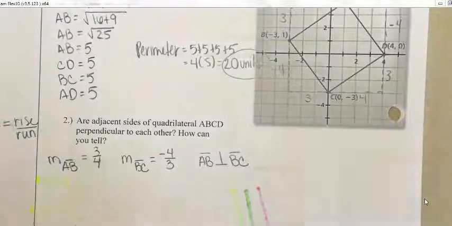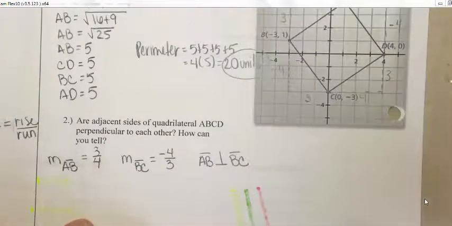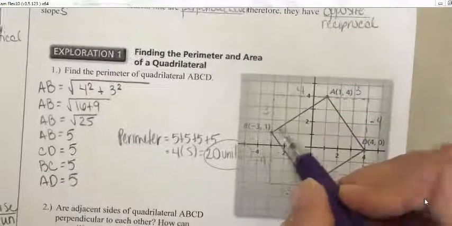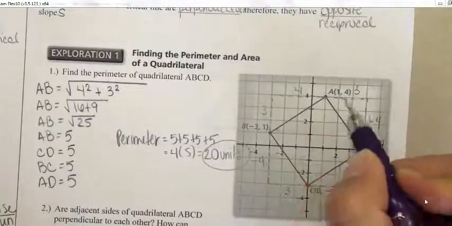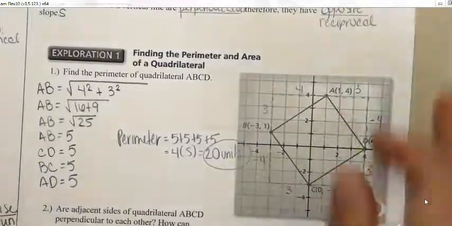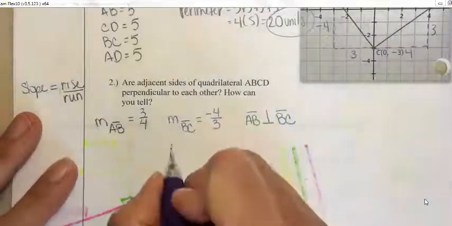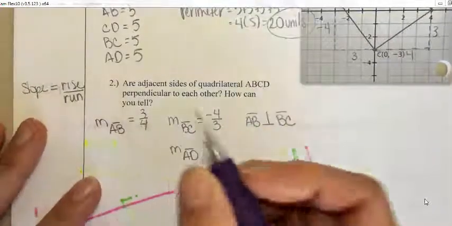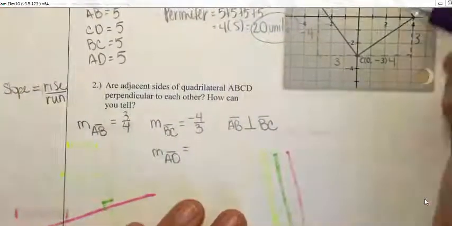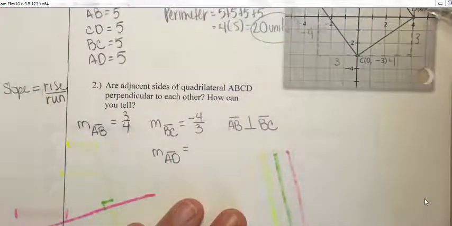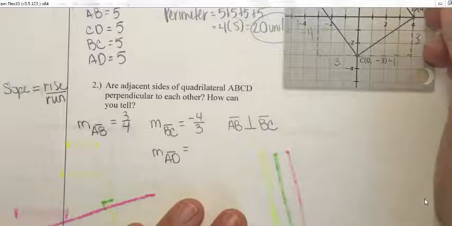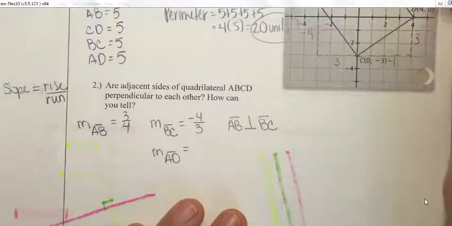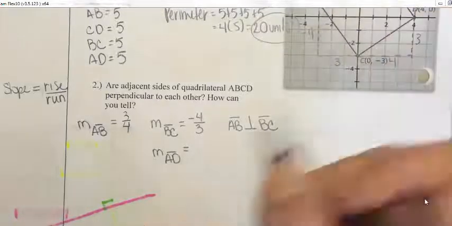Okay, let's do another pair of adjacent sides. So let's see, well, we had AB over here. So how about now we compare it with AD? We've already got the slope of segment AB. Slope of segment AD, well, going from left to right, it goes down, right? So it's -4 over 3.